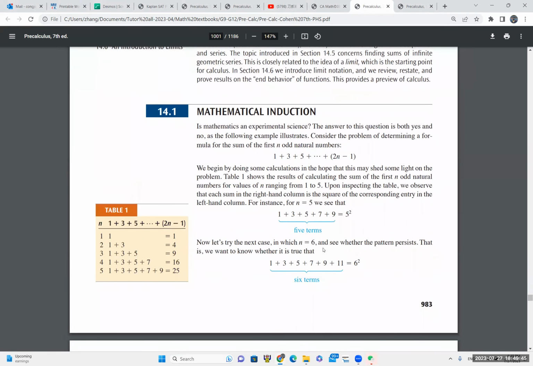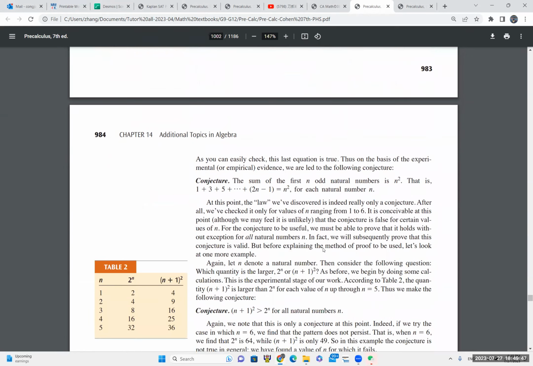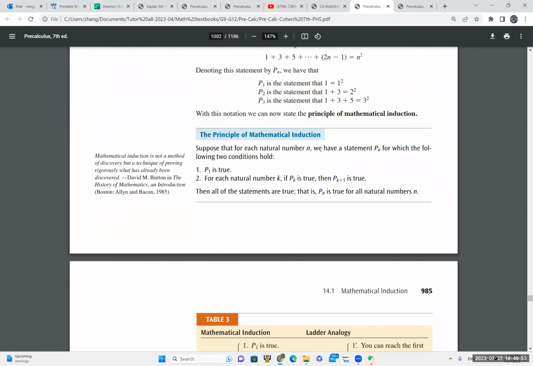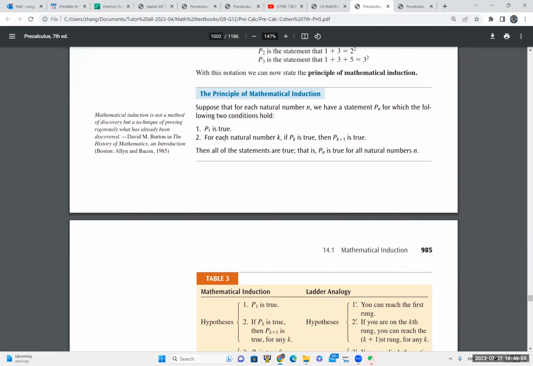Induction, conjecture, mathematical induction. For each natural number k, if P(k) is true, then P(k+1) is true. Then that means all are true, right? Then this statement will be true.